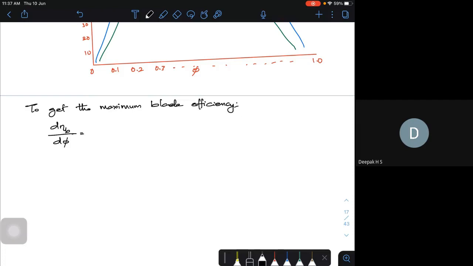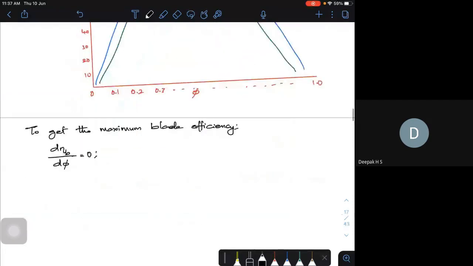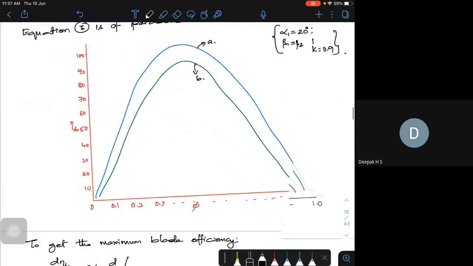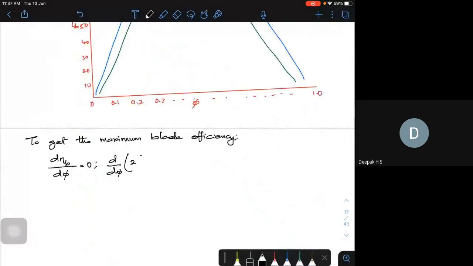What is it actually? I need to differentiate this, that is d by d phi of this equation: 2 into (1 plus Cb into k) into (phi cos alpha 1 minus phi square), equated to 0.